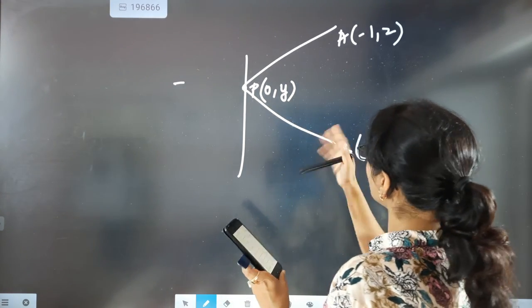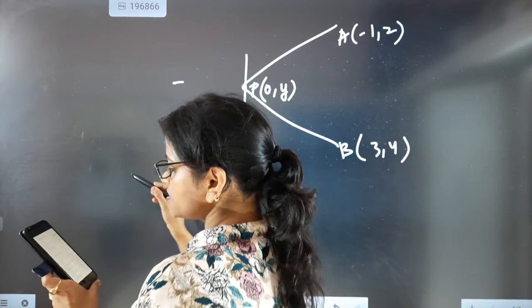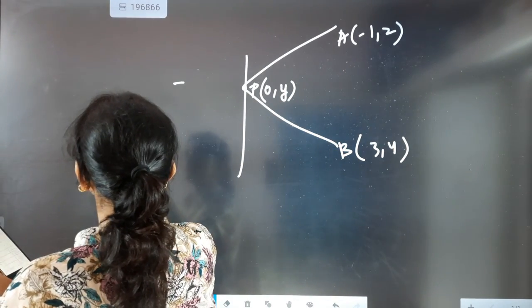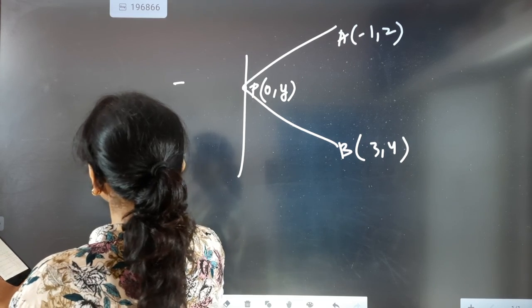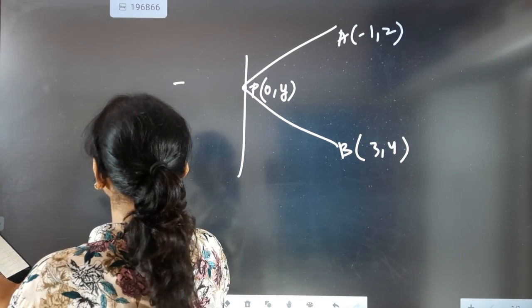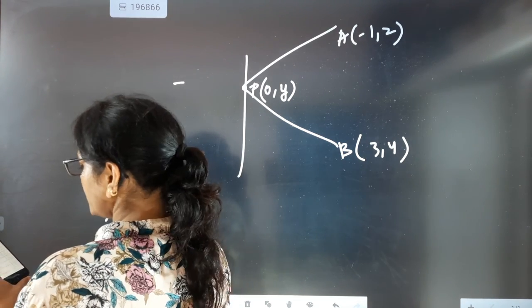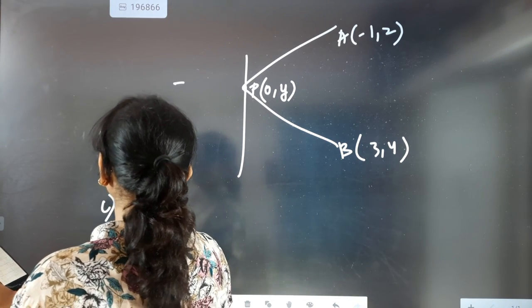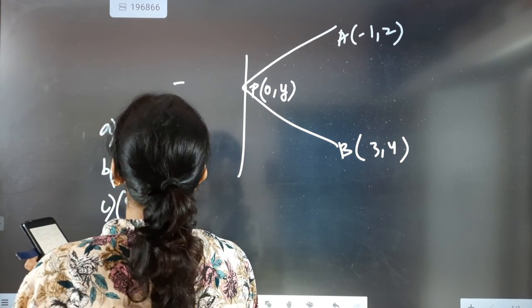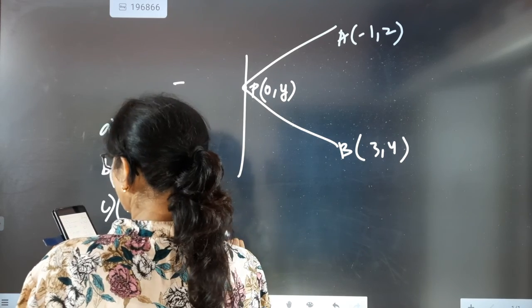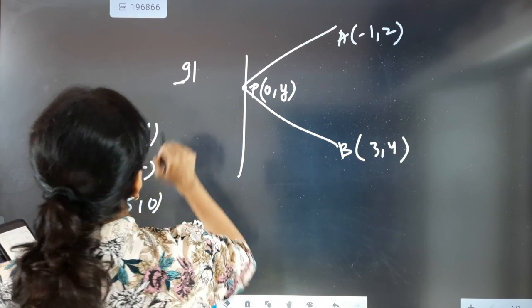So I just draw this roughly. The options given to you are: 0 comma 4, second 0 comma 5, third 5 comma 0, fourth none of these.